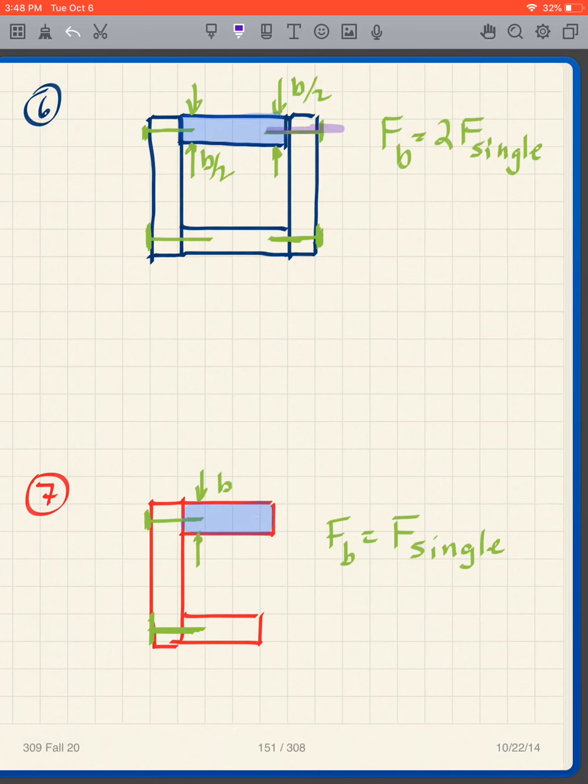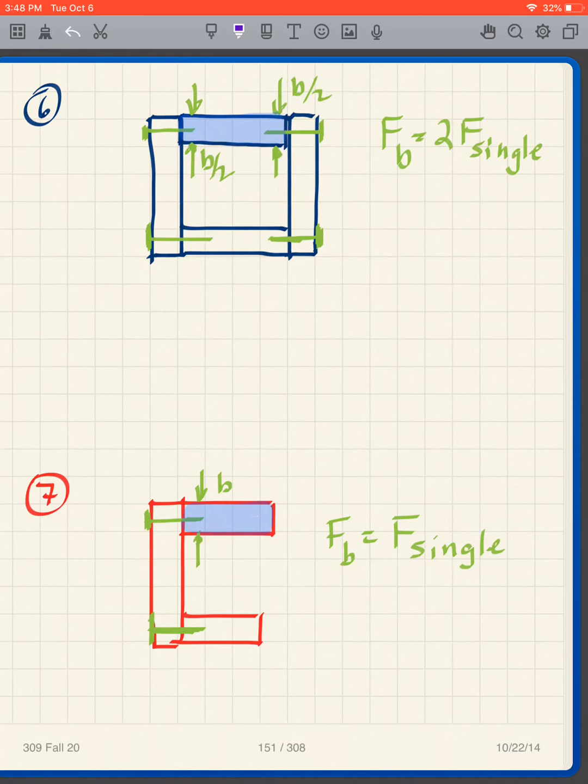Now, what if we put in the bolts horizontally, like this? And then how do we handle that situation? Well, again, my potential shearing surface is right there.